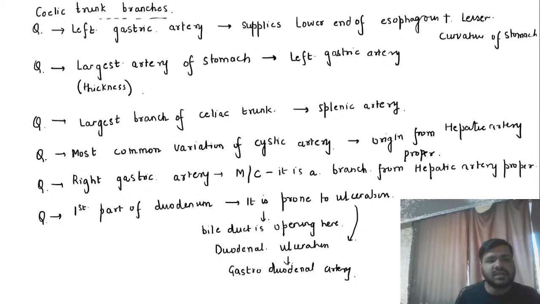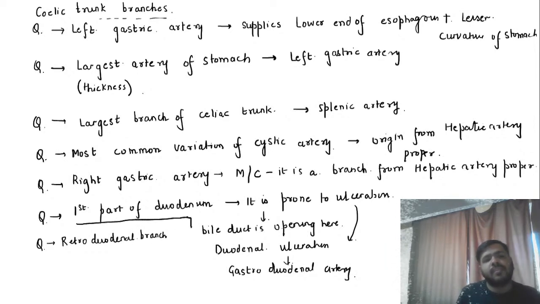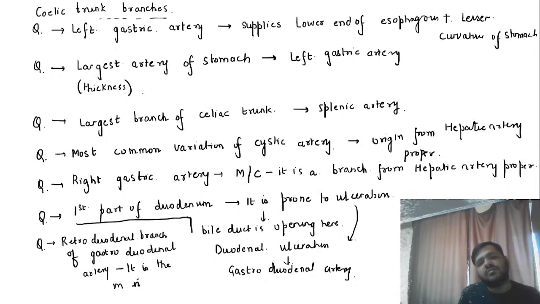And one more thing, one branch that I have not shown over here, that is the retro. Retro मतलब बेटा क्या होता है? It's just behind. The retroduodenal branch of the gastroduodenal artery is the main arterial supply to the bile duct.